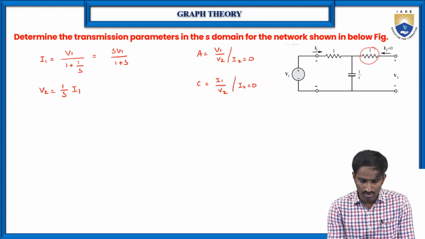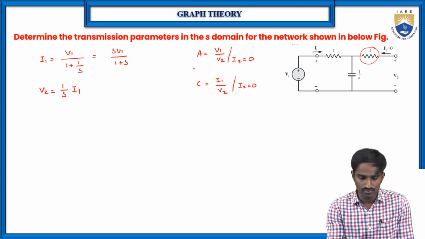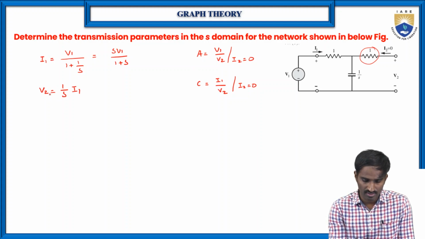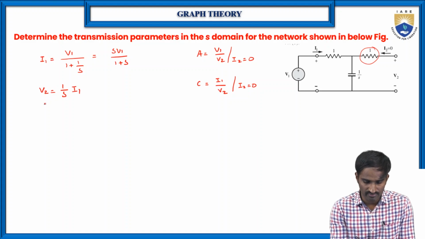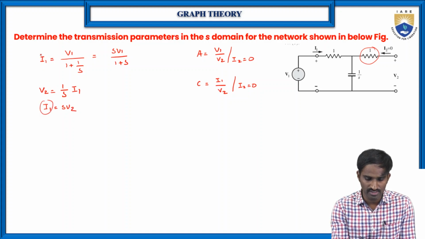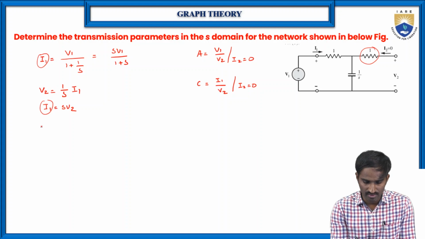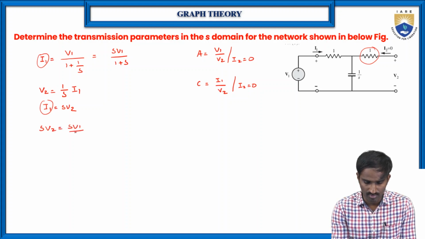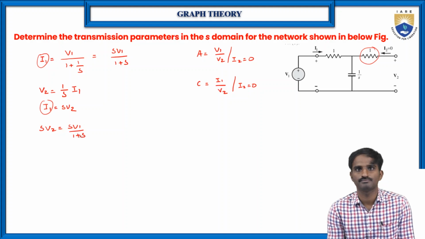Right. So to find V1 by V2, as you know, V2 is equal to 1 by S into I1. So from this, I1 is equal to S into V2. Then substitute this I1 value here. Then S into V2 is equal to S into V1 by 1 plus S. Right.